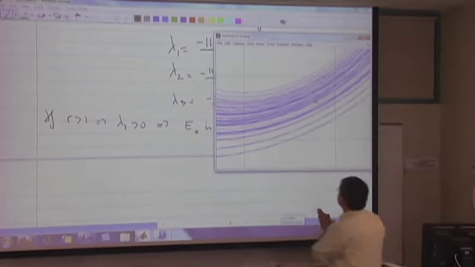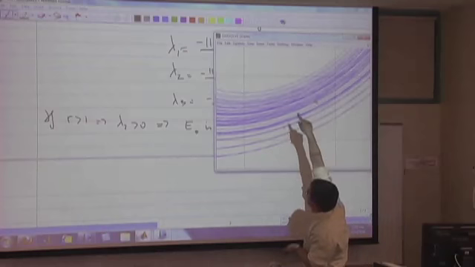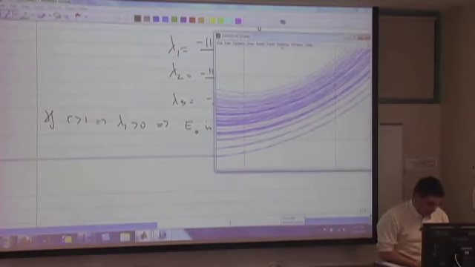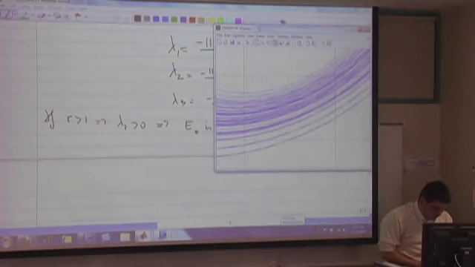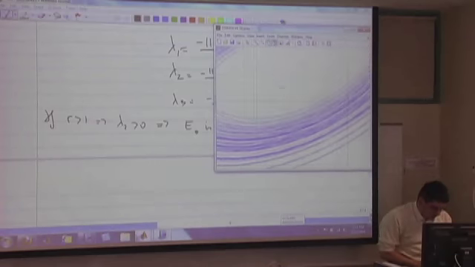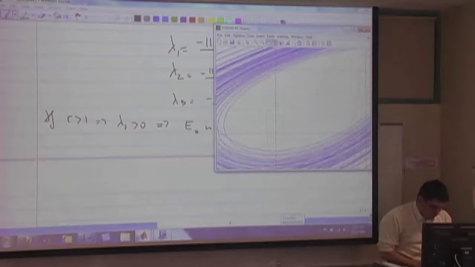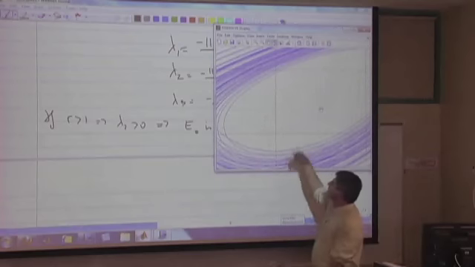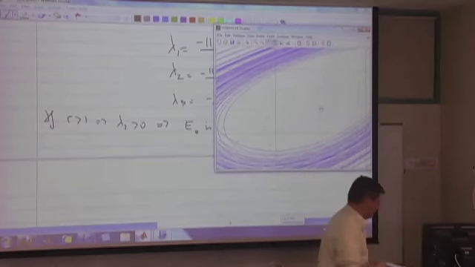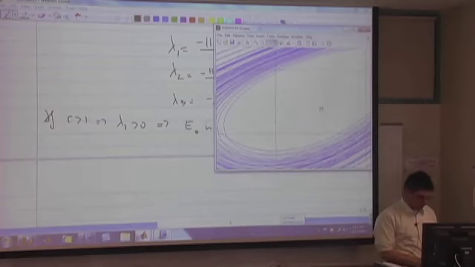And so if you start inside of that region, you will not only circle this lobe. You'll do the same dance around both lobes.